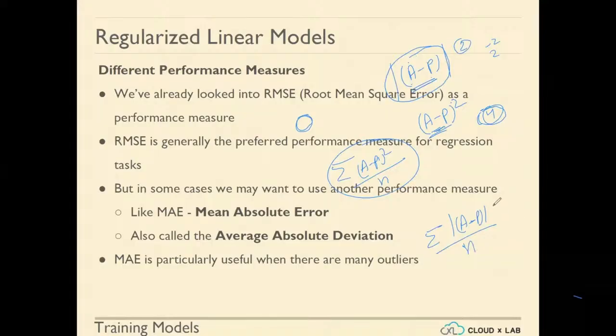We are calculating this average quantity. This is called the mean absolute error, MAE.